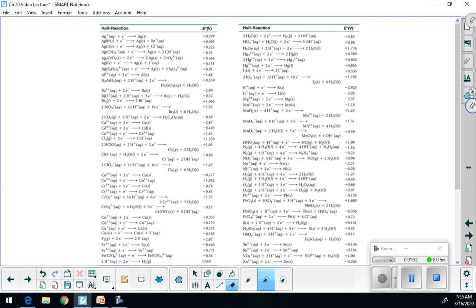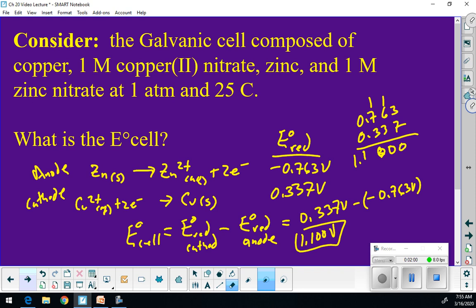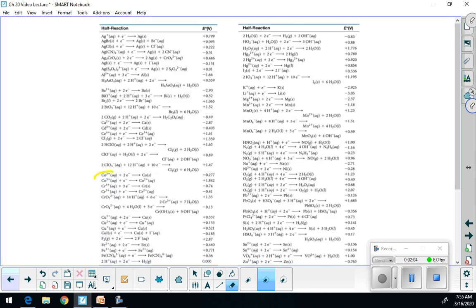So I'm looking at cobalt. Do I have 2 or 3? I better look because there's a 2 and a 3. Oh, cobalt 2. So I have cobalt 2, and that means I have a negative 0.277 for my cobalt, right?